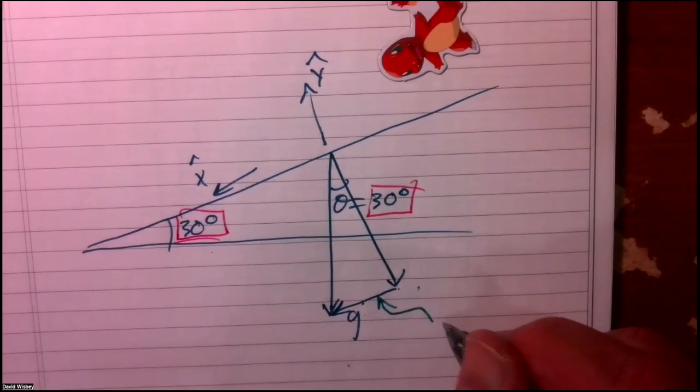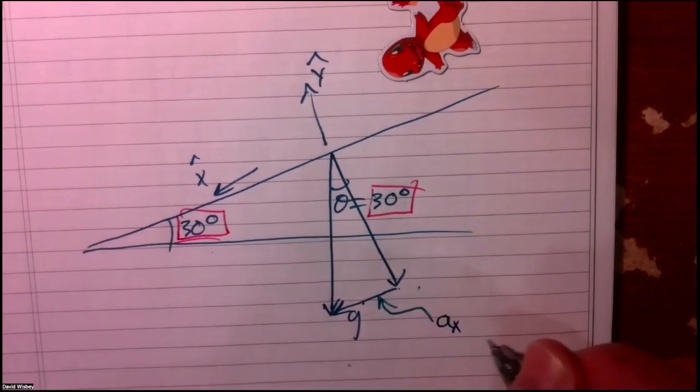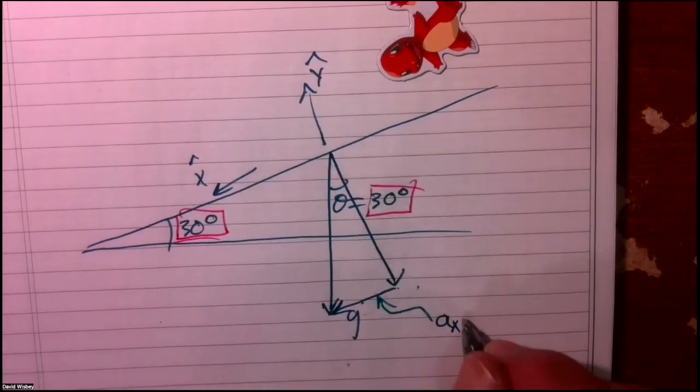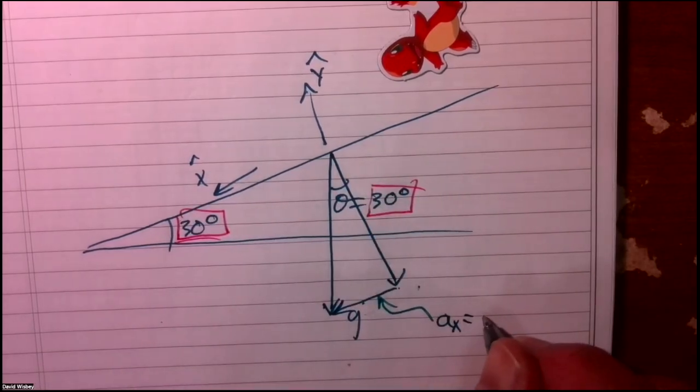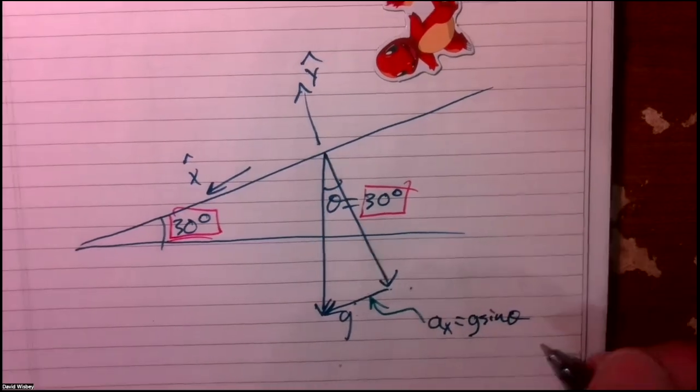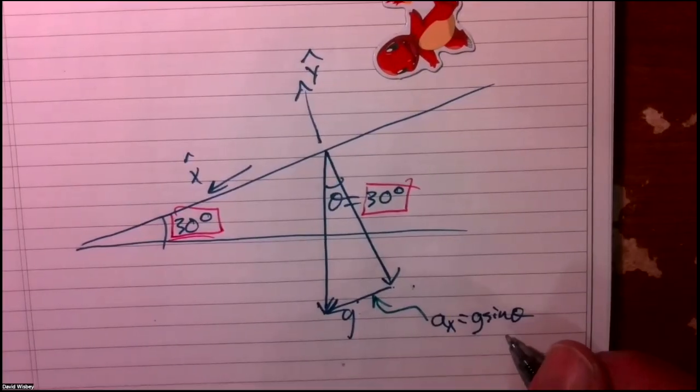And my component here, I'm going to call AX. That's my X component because it's going to be parallel in this direction. And then the hypotenuse is going to be G. And so now I've got sine of theta there. That's my acceleration.